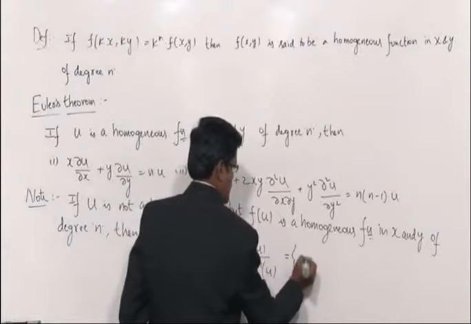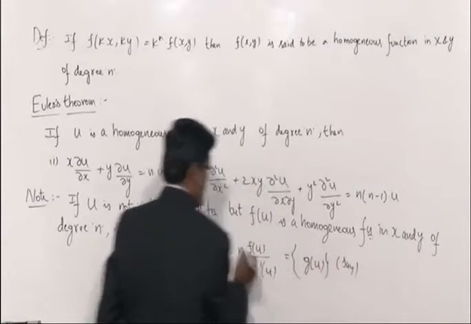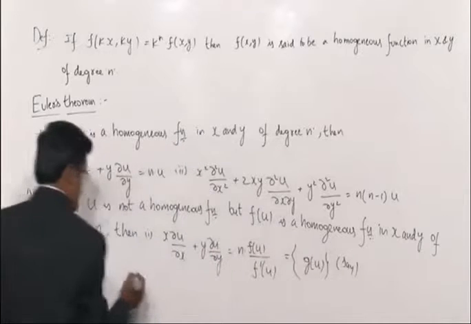So let us say g of u. Say this quantity, the simplification of this value, I am taking g of u.